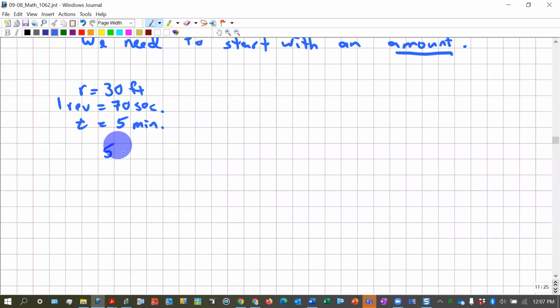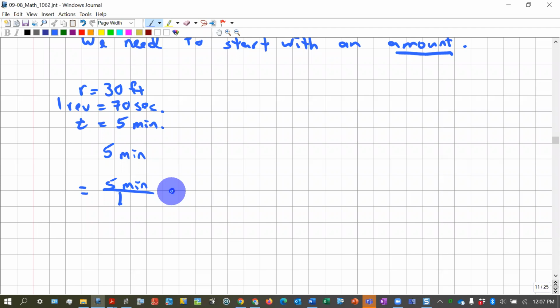So we're going to start with the 5 minutes. And we need to convert that to a distance. Yep. So we're going to use that.